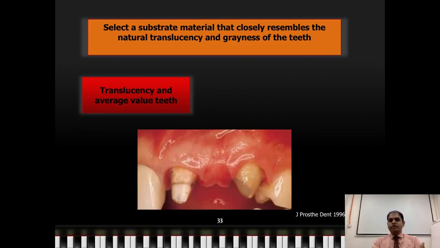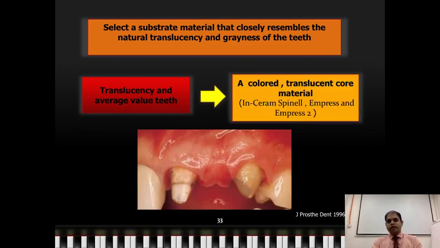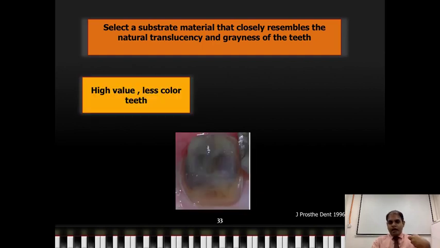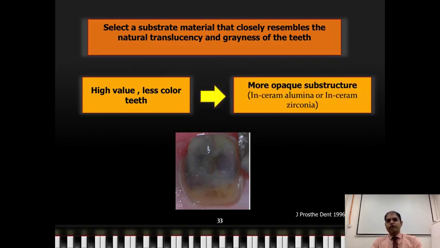Whereas if the translucency comes with an average value after the preparations, we can also use the same translucent core materials like Inceram Spinel, Impress, and Impress 2. But if the value is higher, and more light is coming from the tooth, a more opaque substructure like Inceram Alumina or Inceram Zirconia is suggested.